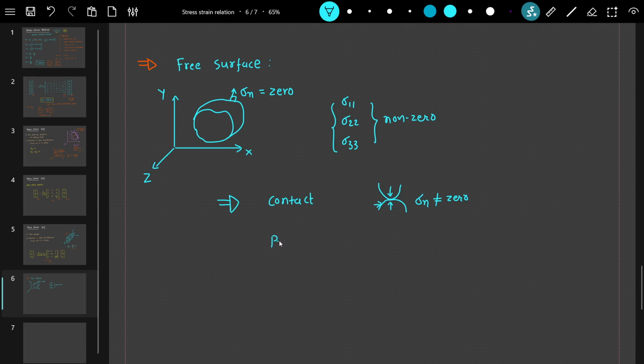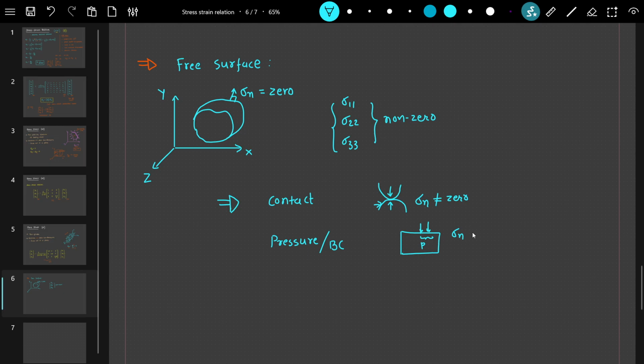Similarly, when we apply pressure, or when we apply a boundary condition, for example say we apply the pressure in this much region, here also there is a resisting force, so here also we get normal stresses.